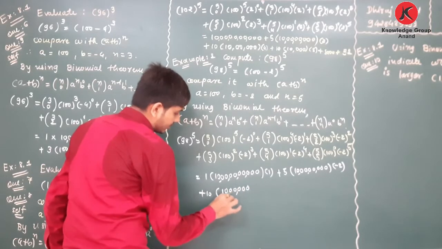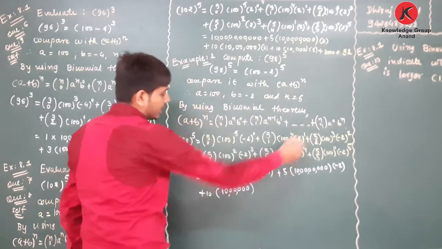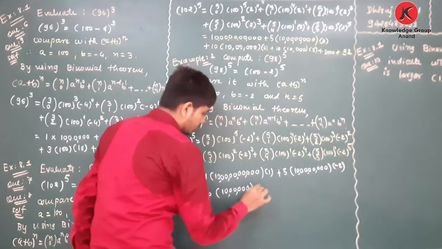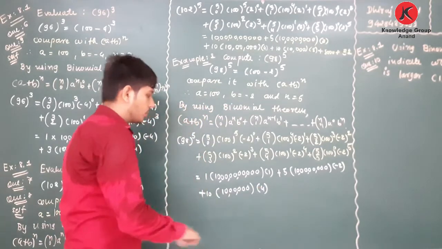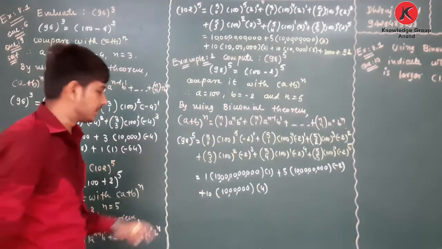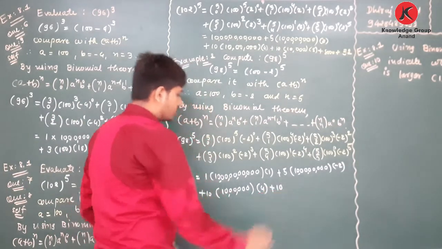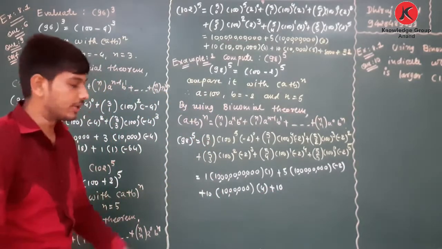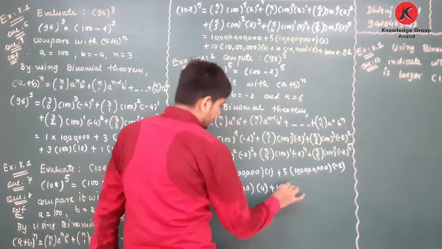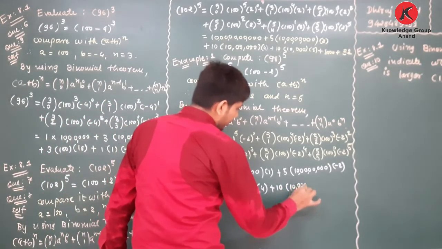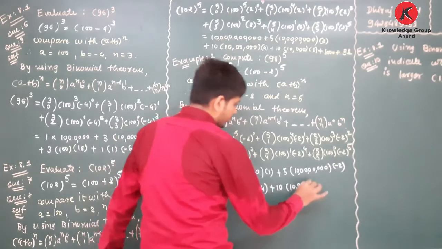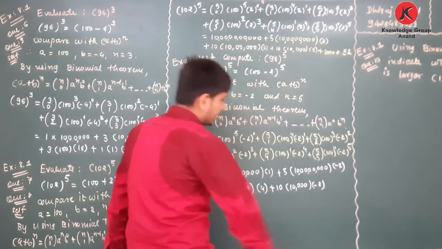means 1 with 6 zeros, into minus 2 raised to 2, will become plus 4. Plus 5C3 also becomes 10 into 100 raised to 2, that means 10,000, into minus 2 raised to 3, will become minus 8.